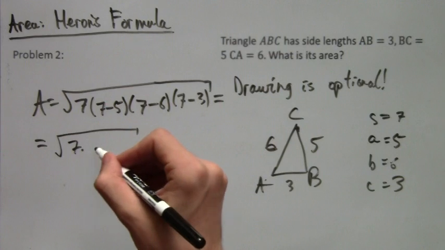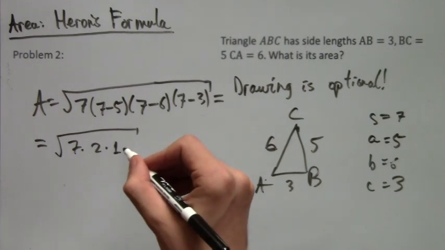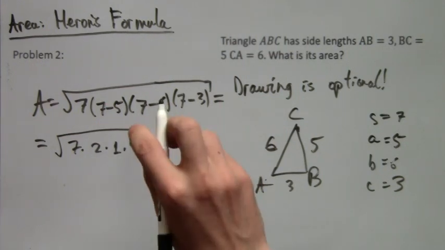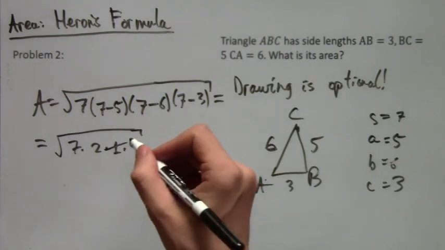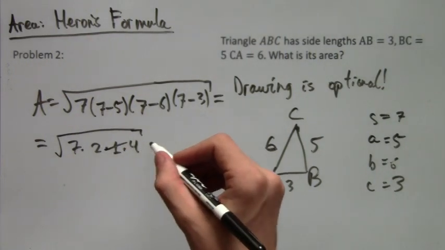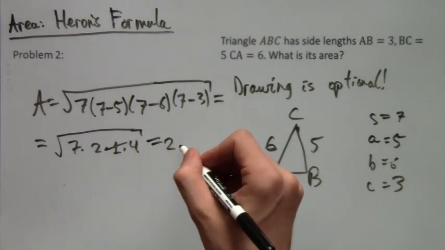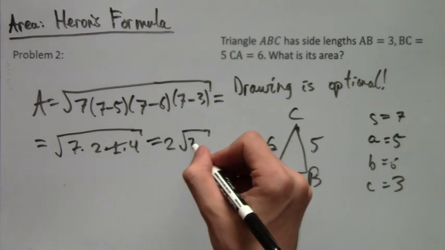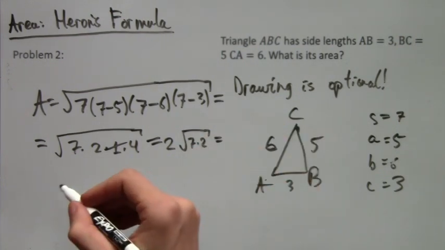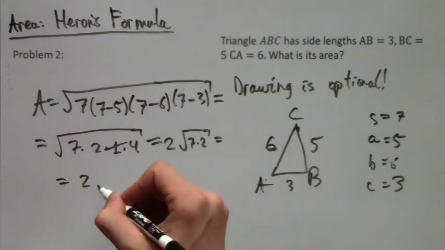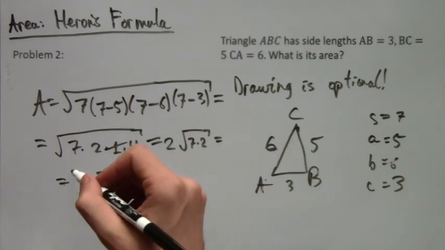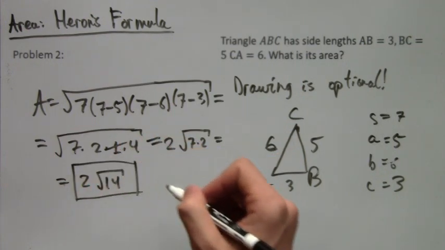We have square root of 7 times 2 times 1 times 4. So the 1 doesn't matter because we're multiplying by it. And the 4 factors out of the square root as a 2 because square root of 4 is 2, and we get 2 root 14 in simplified radical form. So the area of this triangle is 2 root 14.